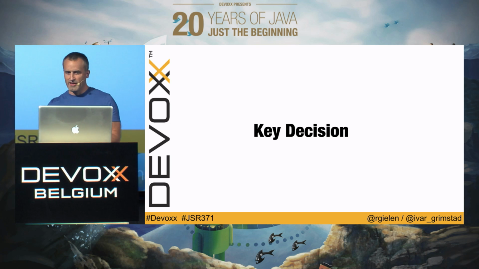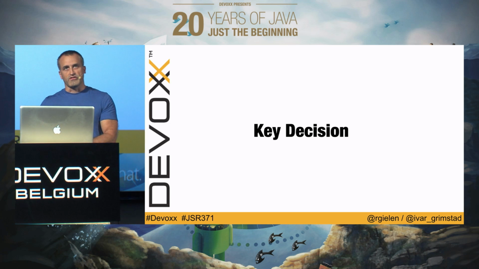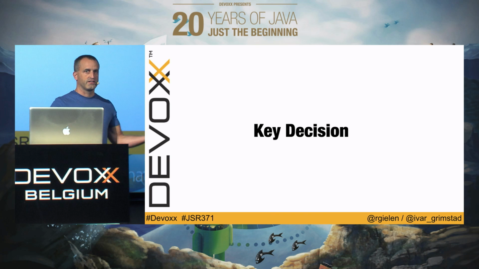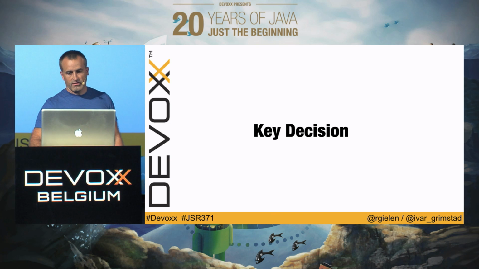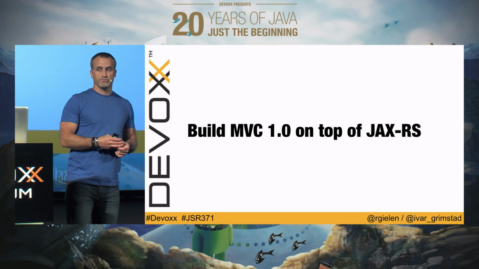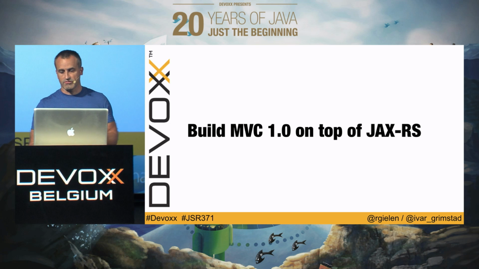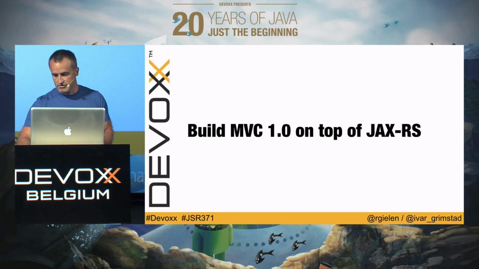Should we build on JAX-RS or Servlet? What should be the underlying technology of MVC? After a long discussion, and we actually had a vote in the expert group, we landed on JAX-RS. Personally, I think that is a very good choice, and I'll show you that later when we show some code examples.